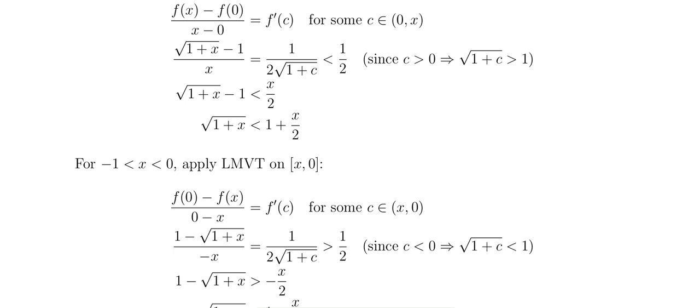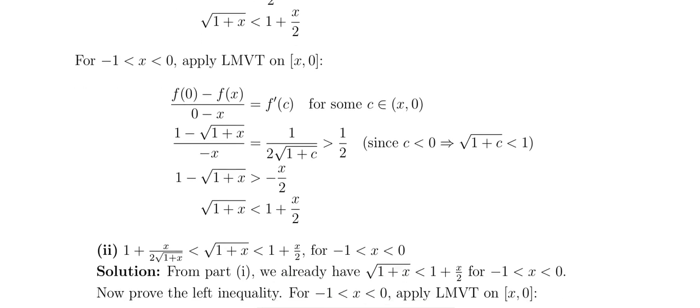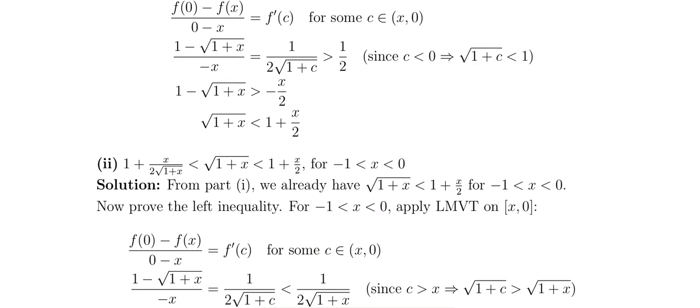So the x is sliced between minus 1 to 0. If you apply the Lagrange mean value theorem, that is root of 1 plus x less than 1 plus x by 2. In the same way, this is another inequality.